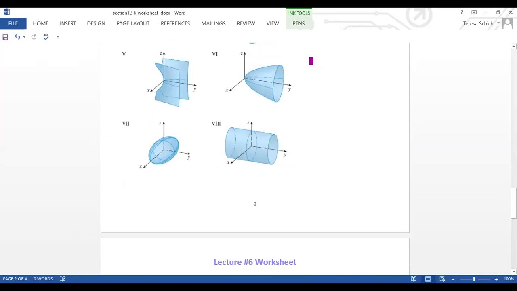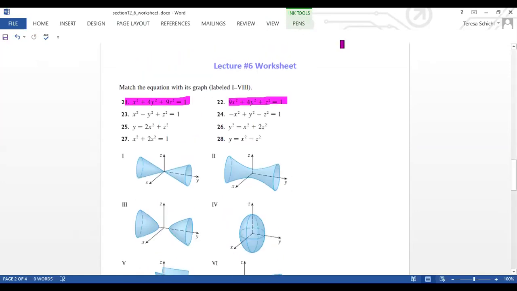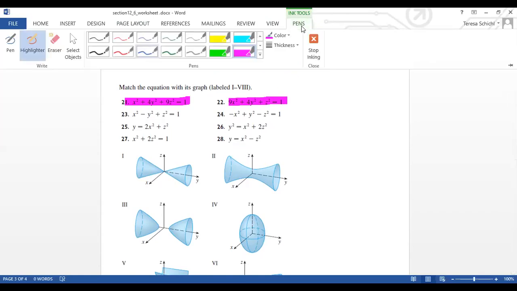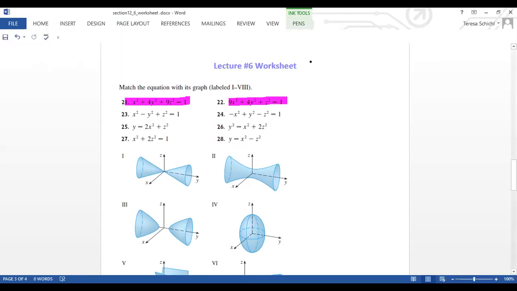But which one is which here? Let's take a look at which one is which. For number 21, this is x squared plus 4y squared plus 9z squared equal to 1.